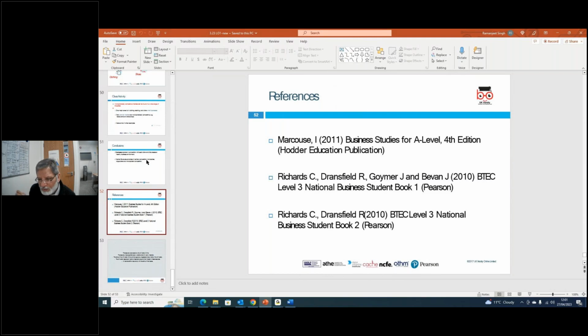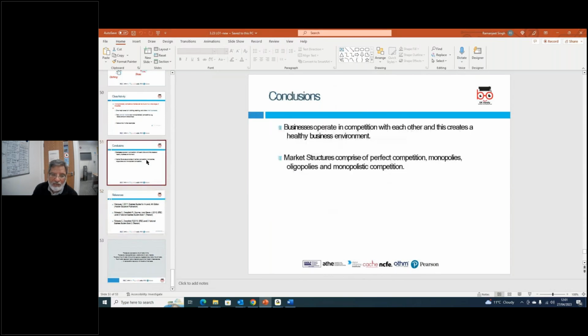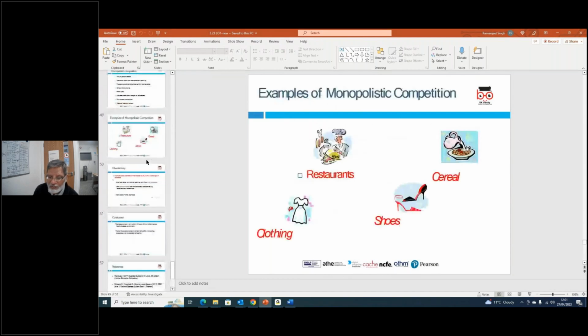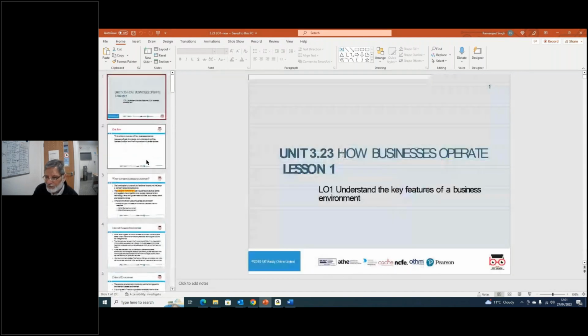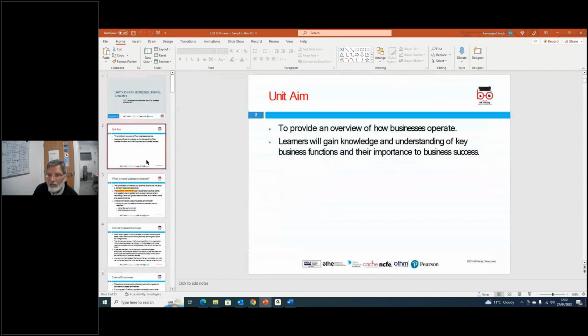Go to the library and look at BTEC National Business Student Book 2 from Pearson, or any A-level book on business environment. There is a lot of material on it. What we set out to do was understand the key features of business, and we looked at this in a little bit of detail.